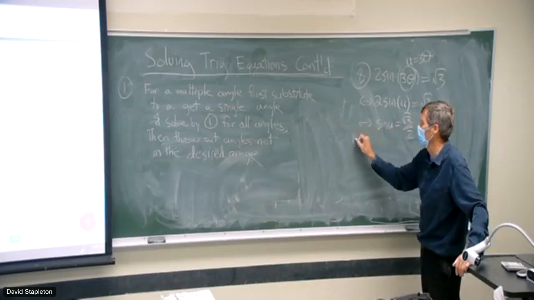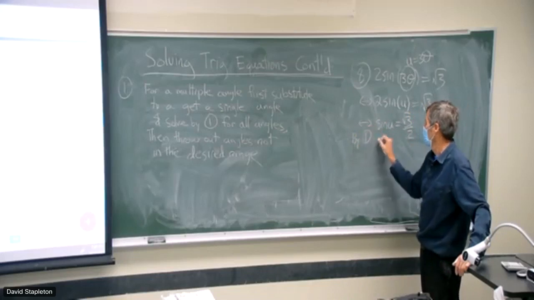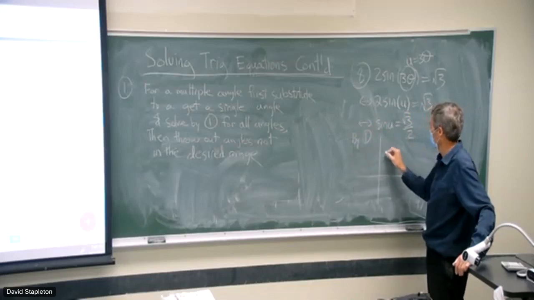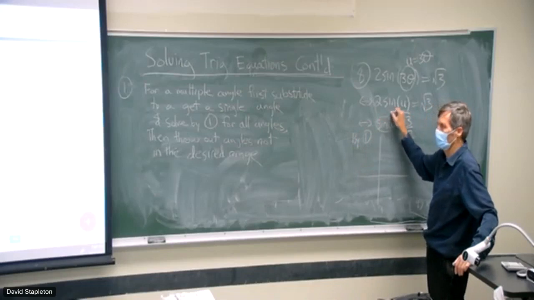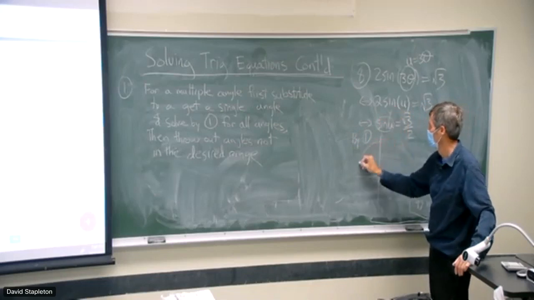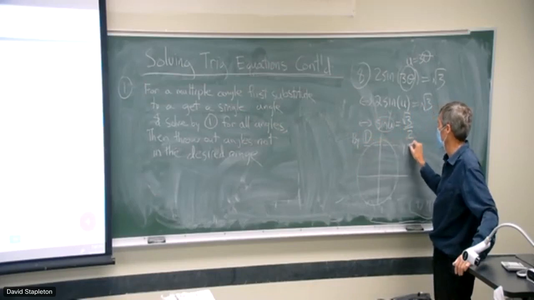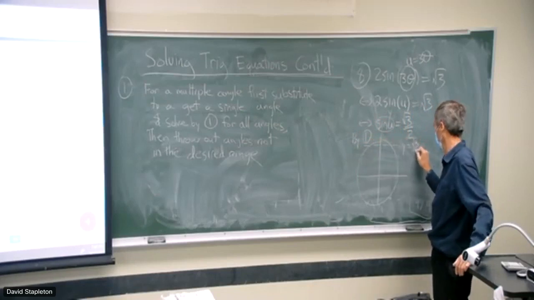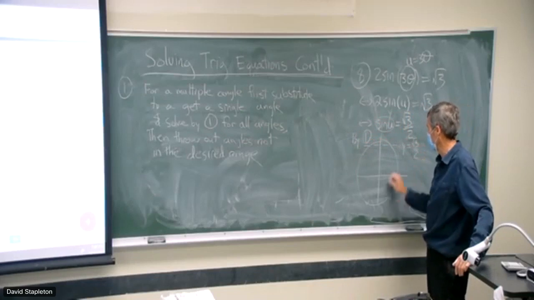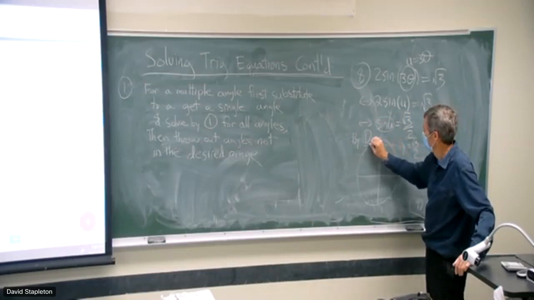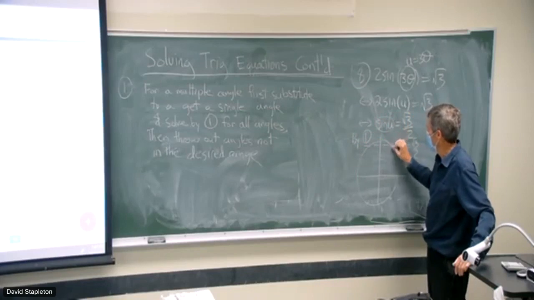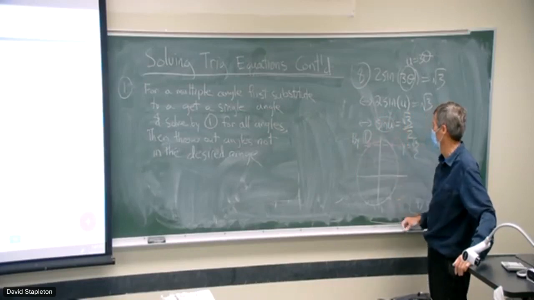So by method 1, here's the unit circle, and sine u is the y coordinate. Way up here is square root of 3 over 2. Here's all coordinates y equals square root of 3 over 2. I have exactly 2 terminal rays that yield that y coordinate on the unit circle.